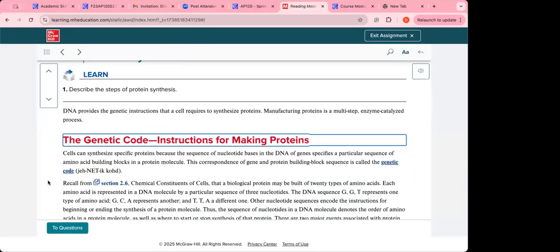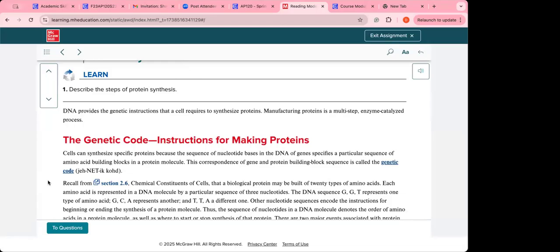Cells can synthesize specific proteins because the sequence of nucleotide bases in the DNA specifies a particular sequence of amino acid building blocks in a protein molecule. This correspondence of gene and protein building blocks is called the genetic code.